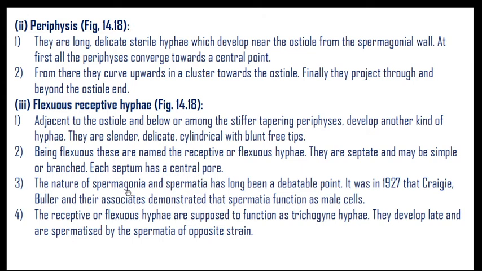The nature of spermagonia and spermatia has long been a debatable point. It was in 1917 that Craigie, Buller and his associates demonstrated that spermatia function as male cells, while the receptive or flexuous hyphae are supposed to function as trichogyne hyphae.